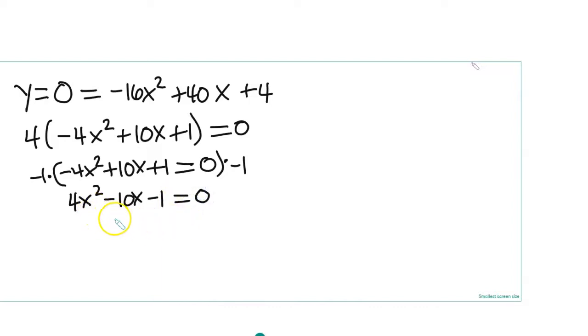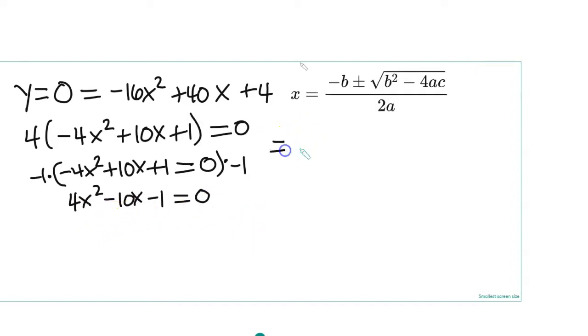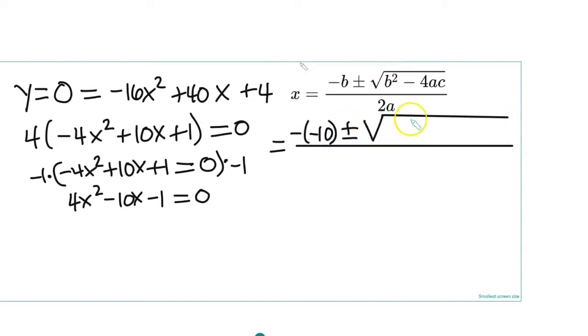Okay? So we could think about using the quadratic formula here. So let's start putting the numbers in. So we've got negative b, so that's negative of negative 10, plus or minus square root of, let's see, b squared is negative 10 squared minus 4 times a, which is 4, times c, which is negative 1, all over 2 times a, so 2 times 4.